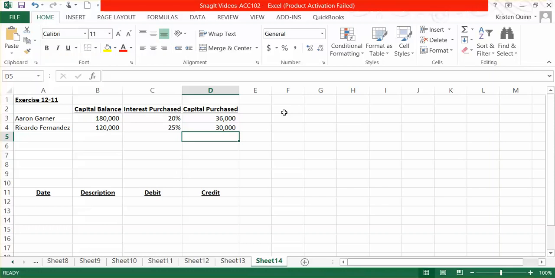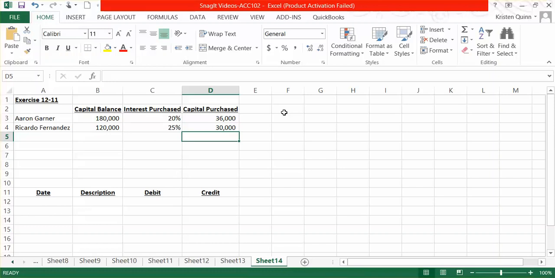They tell us that she's going to get the $36,000 or 20% of Gardner's interest by giving $50,000 to Gardner and getting $30,000 of Fernandez's interest by paying $32,000 for it. The $50,000 and the $32,000 is irrelevant to our problem.